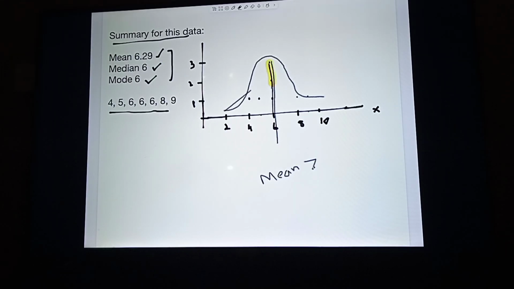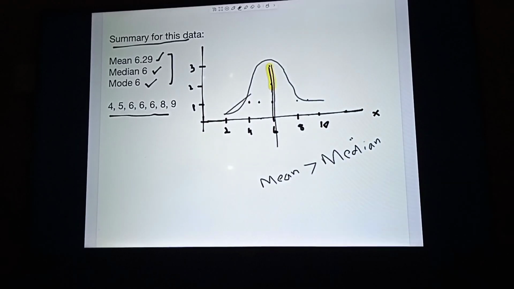You can say that the mean is equal to the median, but here it is 6.29, so we will consider it higher than the median. So this is how you can plot the simple data. This will be considered a slightly or little bit right skewed distribution. Right skew or right skewed distribution.